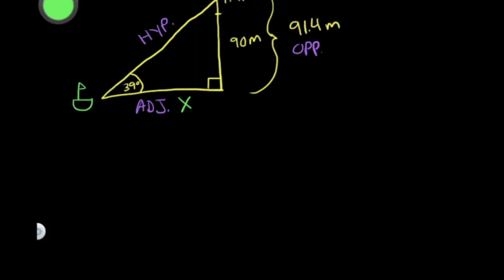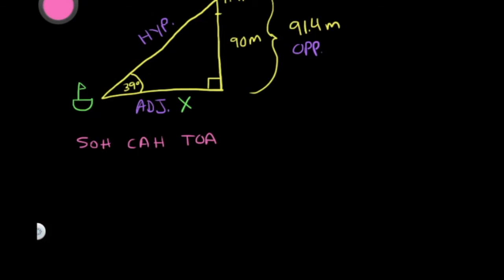So which formula can we use? Let's figure it out. SOH CAH TOA. Can we use sine? Well, we would need our opposite and our hypotenuse. We have the opposite, we don't have the hypotenuse. But that doesn't really matter because we need to find something that has the adjacent in it.